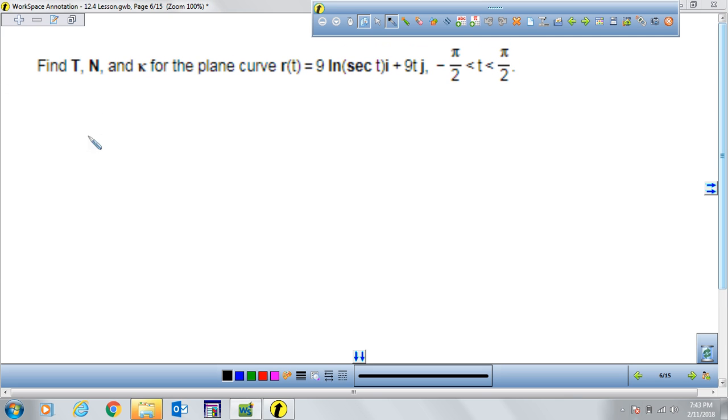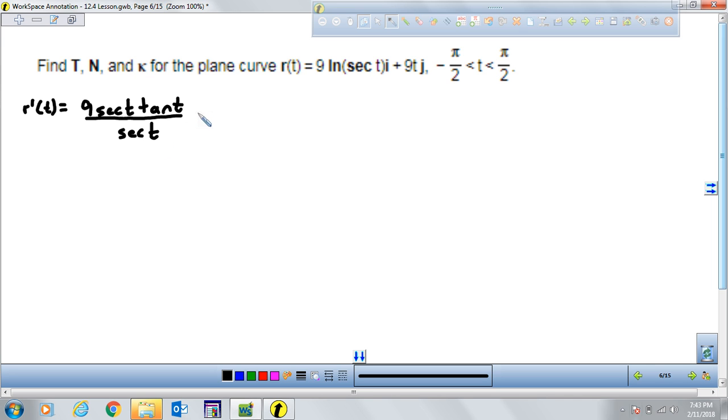So, to find the tangent, the first thing we need to do is find the derivative of the position. The derivative of natural log of u is u prime over u. That's the formula. The 9 is a constant, so we're going to keep it there. The derivative of secant of t is secant of t times tangent of t, divided by u, which is secant of t.